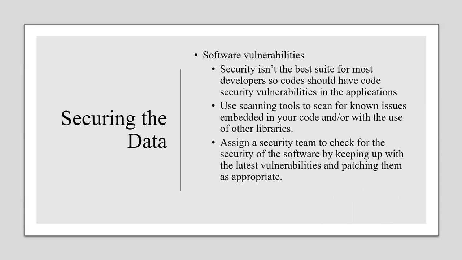Such as the Heartbleed bug discovered in OpenSSL, the software that forms the basis of much of the internet. The software has been around since 1998, but the bug was introduced in 2012 and sat undetected for 2 years before it was found and patched. So make sure that someone in your organization is responsible for keeping up with the latest vulnerabilities and patching them as appropriate.